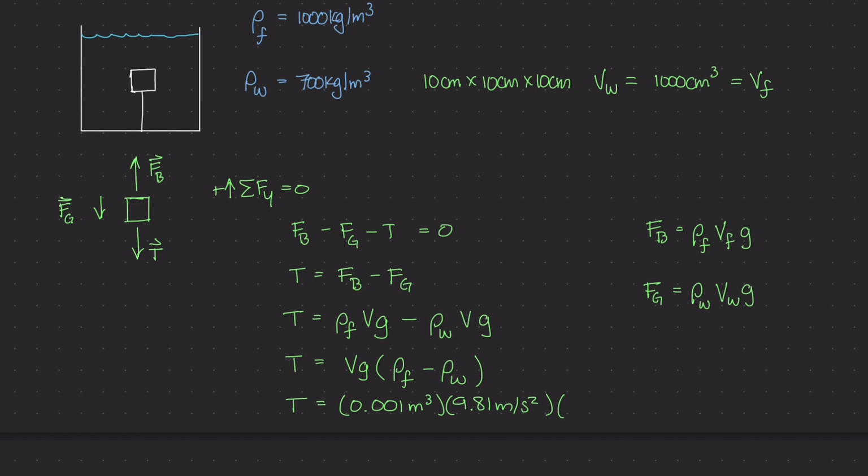So the density of the fluid is 1,000 kilograms per meter cubed minus the block mass density, which is 700 kilograms per meter cubed. And if we solve this out, we get about 2.94 newtons. So that is the tension force in this string that's pulling the block down, or keeping the block from floating any higher.